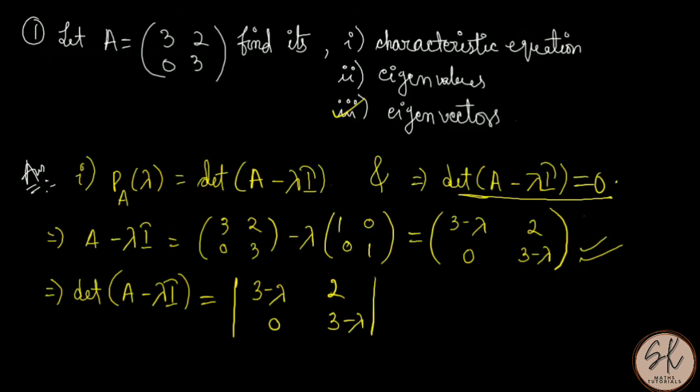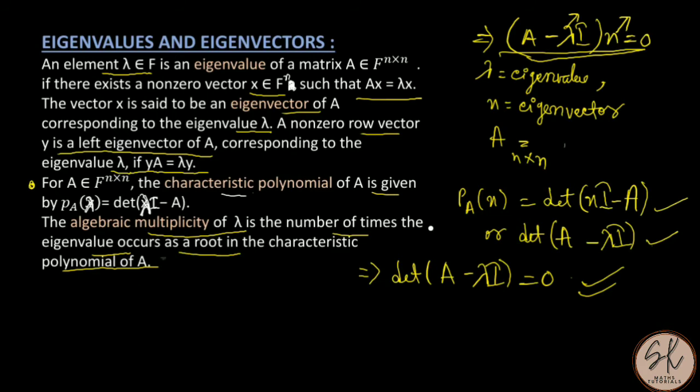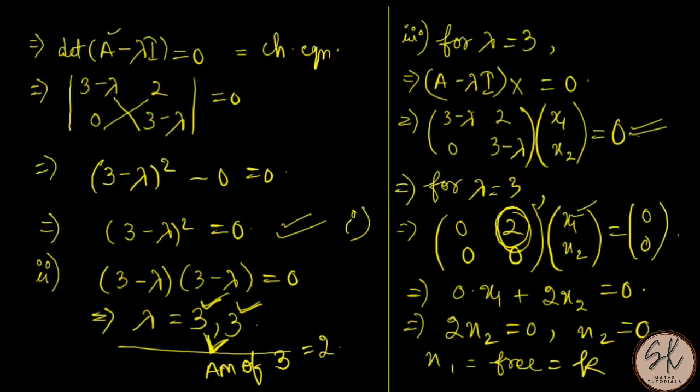You can see this through the definition also: the algebraic multiplicity of lambda is the number of times the eigenvalue occurs as a root in the characteristic polynomial of A. Here 3 occurs 2 times. If it occurred 3 times, the algebraic multiplicity of 3 would be 3, and if it appeared 1 time, it would be 1.